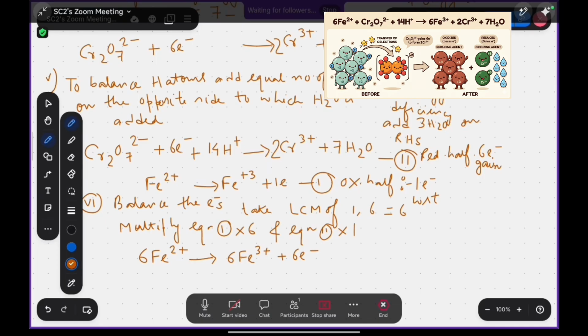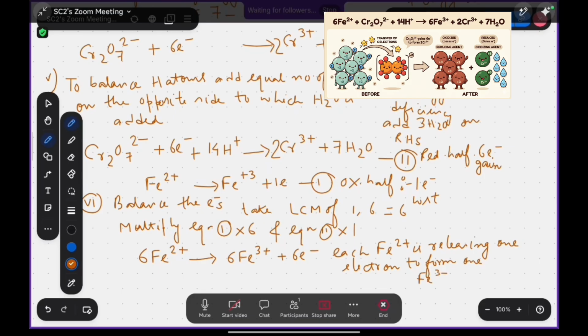That means each Fe2 plus is releasing 1 electron to form 1 Fe3 plus.